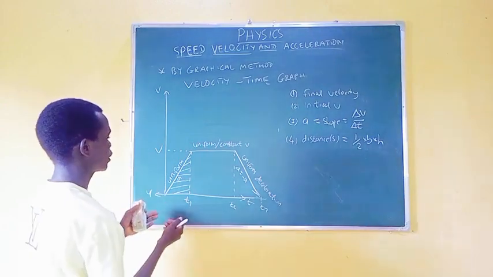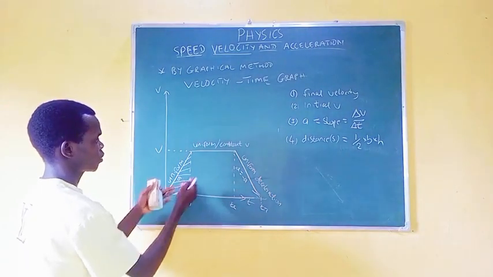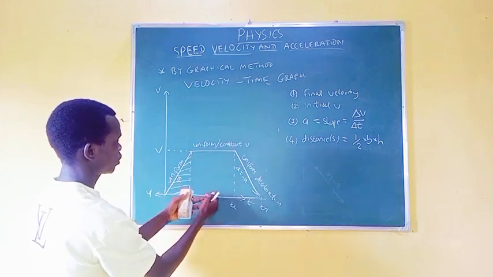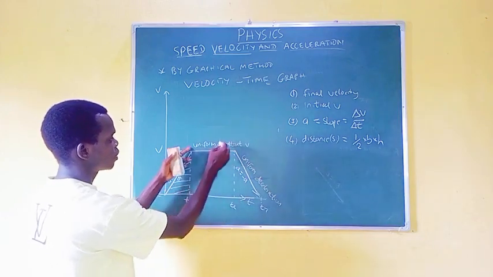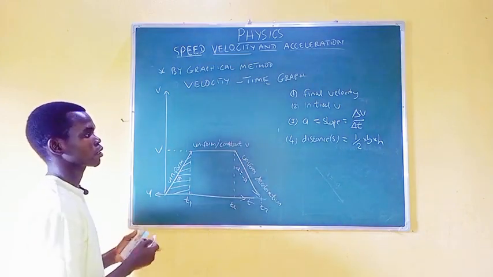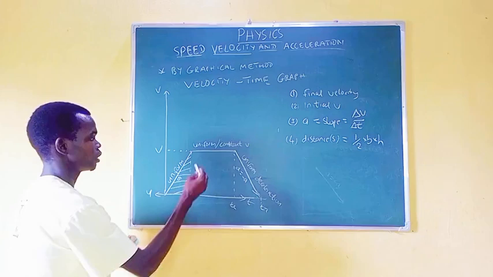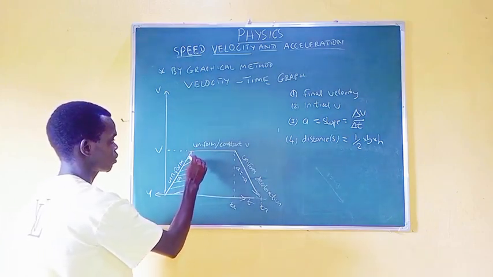We can also find the distance covered by the uniform or constant velocity, which is the area under this graph.